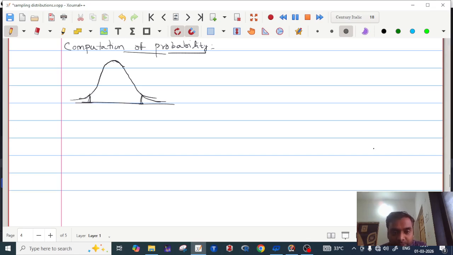This point is t with n comma alpha by 2, and this point is minus t with n comma alpha by 2. This probability is alpha by 2, and this probability is alpha by 2. This is the graph of t with n. In the statistical table, the probability given is the probability of mod t greater than t with n comma alpha by 2 equals alpha.